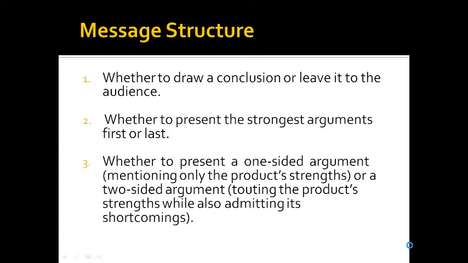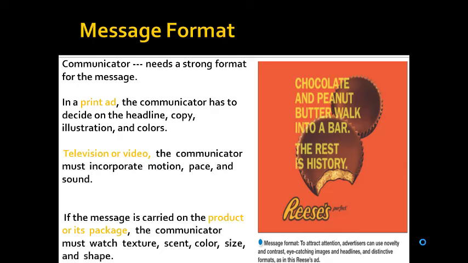You have to understand the type of audience you are dealing with. If they're highly educated and really want to know about both pros and cons, then you should go for this type of message.